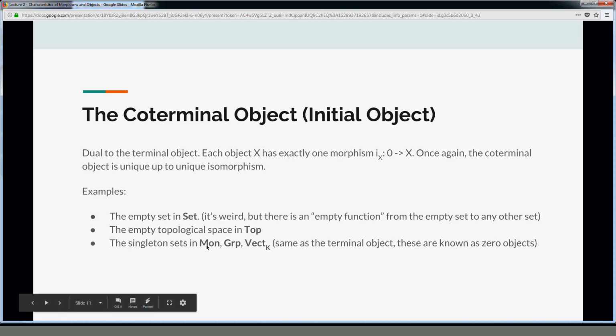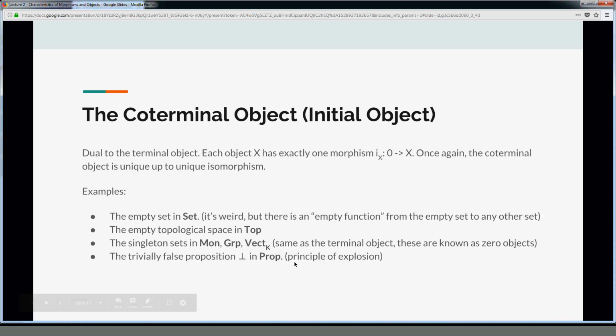So it's actually the singleton sets again. And that means that in these categories, the terminal and coterminal objects are the same object, and this is known as a zero object. As a result, these categories behave a lot differently than some of the ones that we're going to be studying more closely in this class.